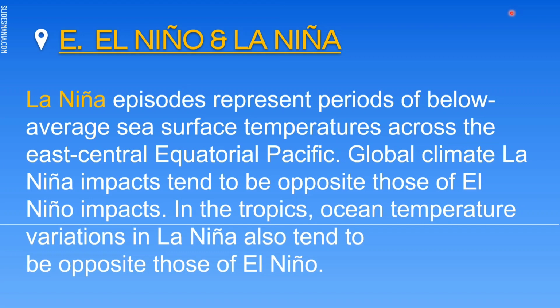Global climate La Nina impacts tend to be opposite those of El Nino impacts. So, in the tropics, ocean temperature variation in La Nina also tend to be opposite of those of El Nino. So, there's an opposite lang naman po na El Nino. No?